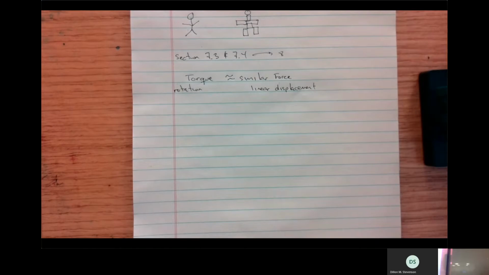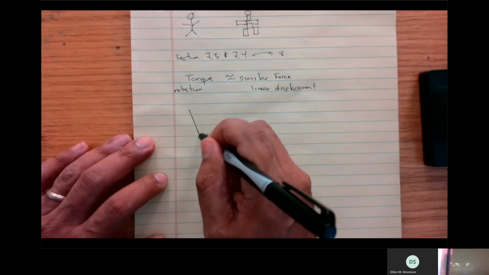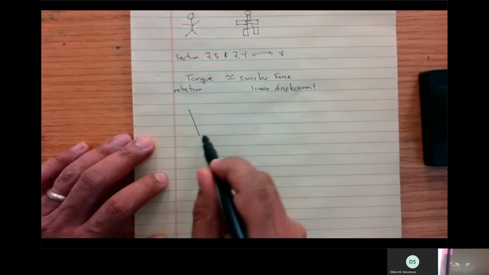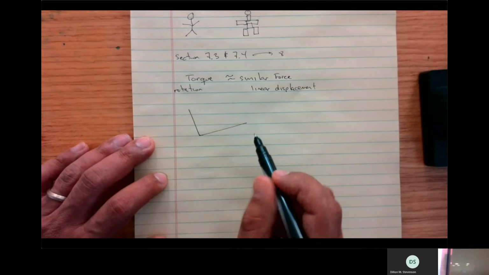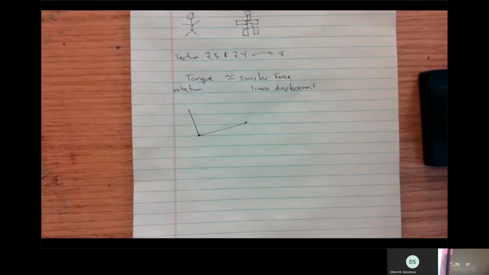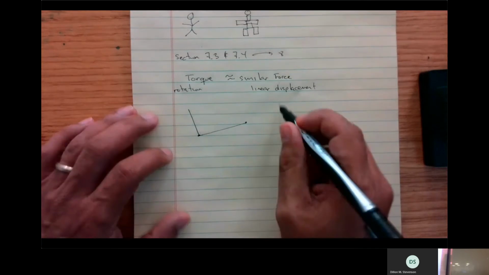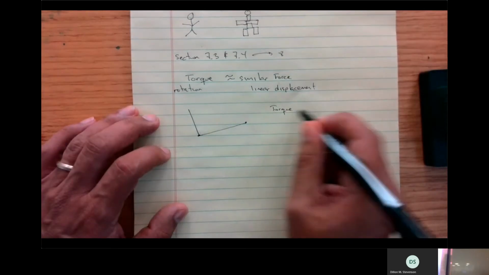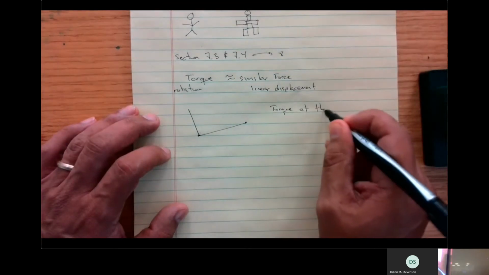So a very classic example: let's say that you have a person and you have the arm, the shoulder, the elbow, and the hand. What we're going to be looking at is the torque at the elbow.